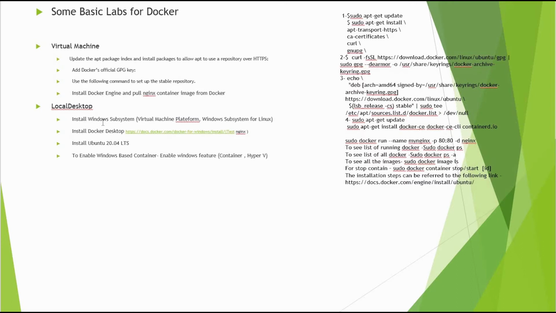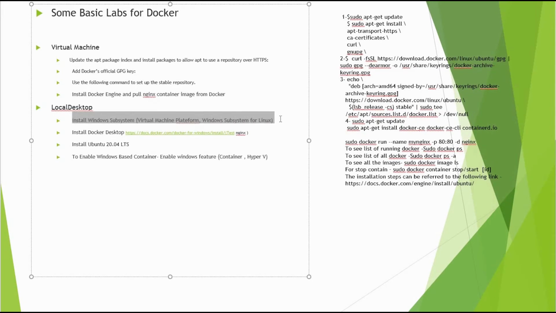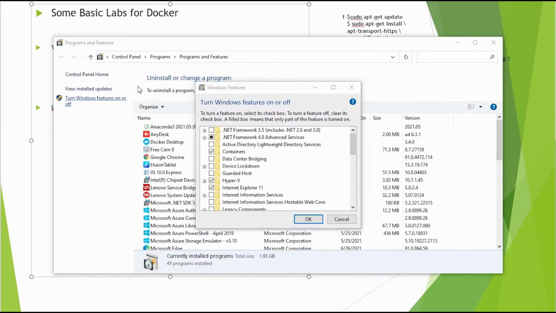First you have to make sure you have Windows Subsystem for Linux on your local host. For that you have to go to the control panel, programs, and turn Windows features on or off.